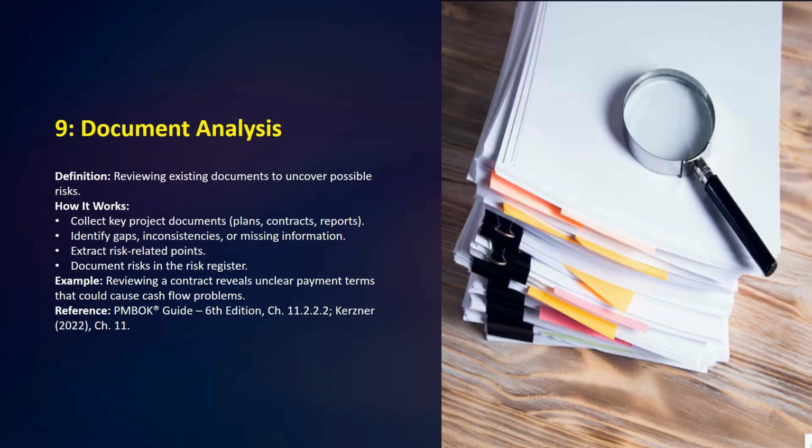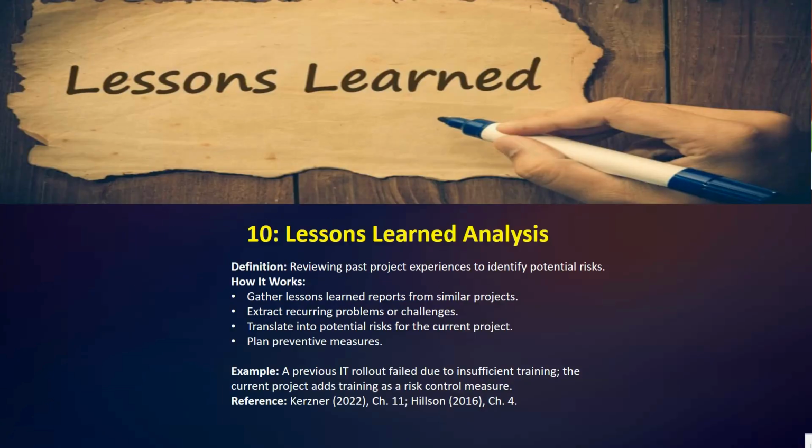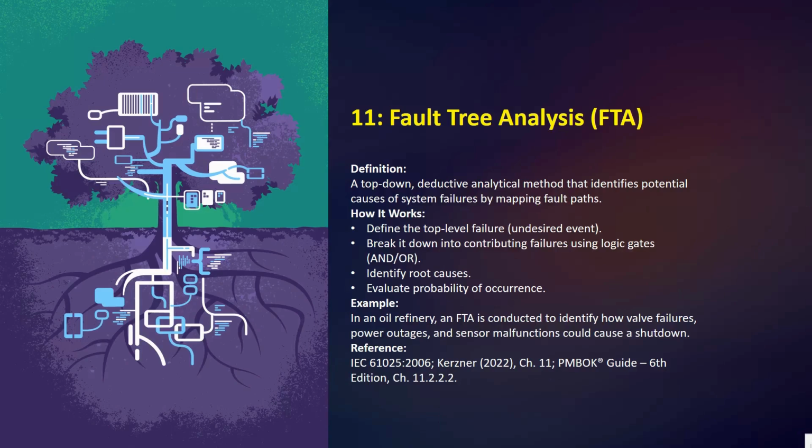Okay, so let's see next what we have. Number 10, we have lessons learned analysis. Actually, this technique is all about learning from the past to improve the future. Okay, so lessons learned analysis involves reviewing the history of similar projects to benefit from their successes and failures.